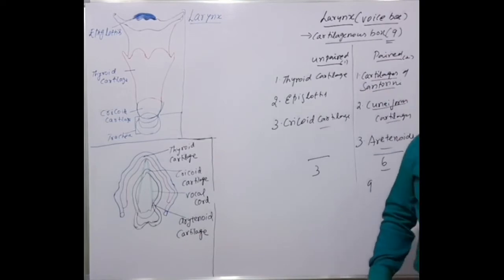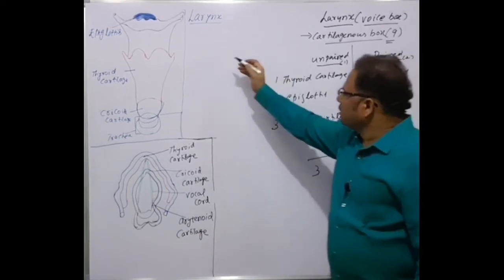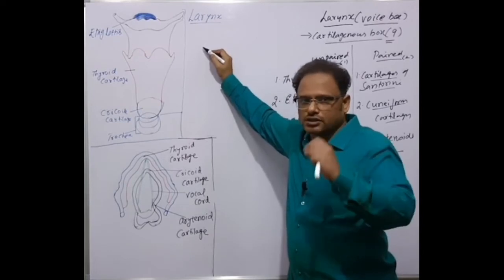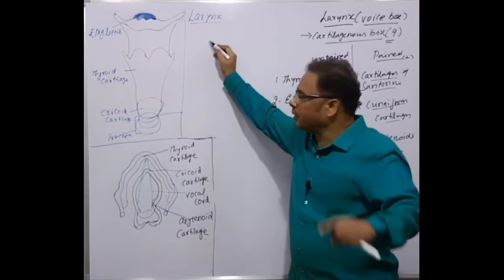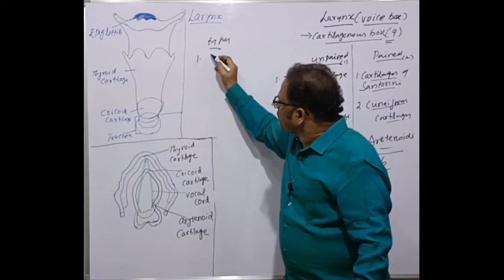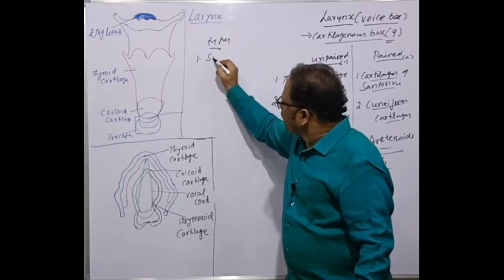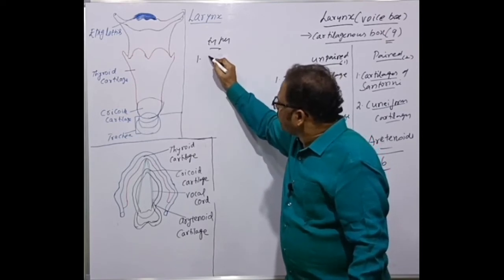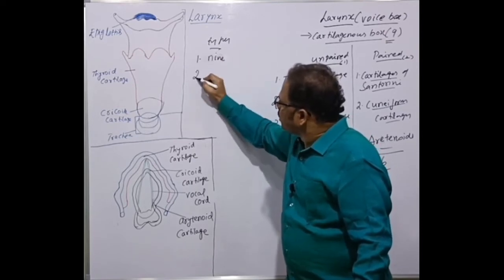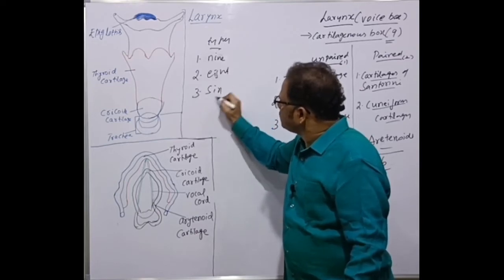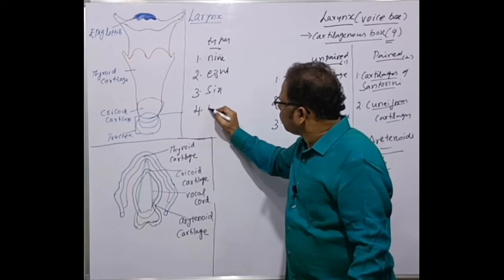A question comes, bacho. The larynx is made of how many types of cartilages? Not total cartilages, how many types of cartilages? What's the answer? Sometimes our first option would be 9 types, sir. Number 2, 8 types, 6 types, and 4 types.